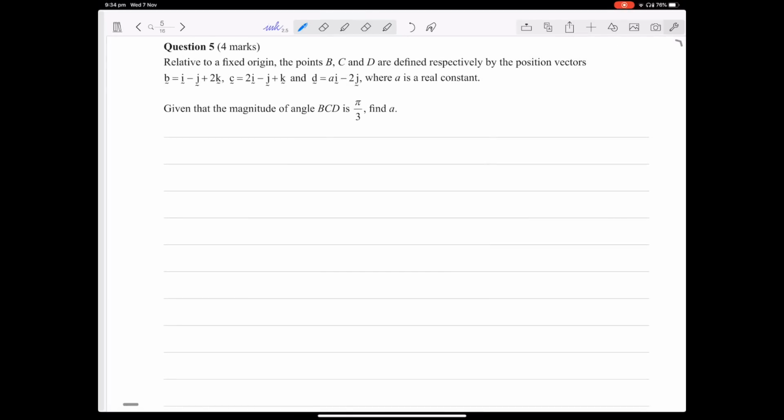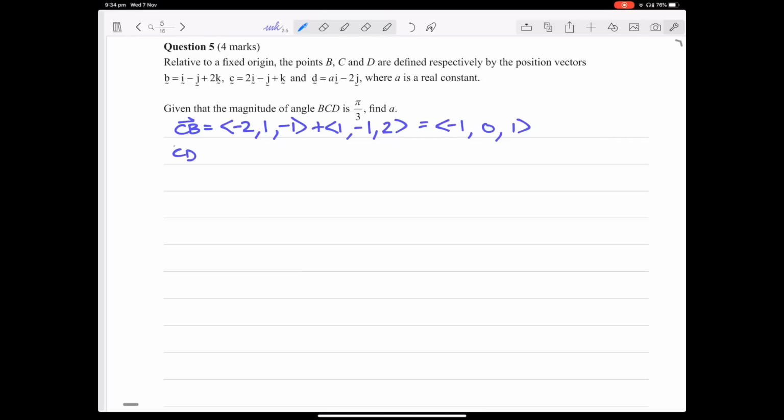Okay, relative to a fixed origin, the points B, C, and D are defined respectively by position vectors. Given the magnitude of angle BCD is pi on 3, find a. So I've got to find CB first, which of course is negative 2, 1, negative 1, plus 1, negative 1, 2, which is negative 1, 0, 1.